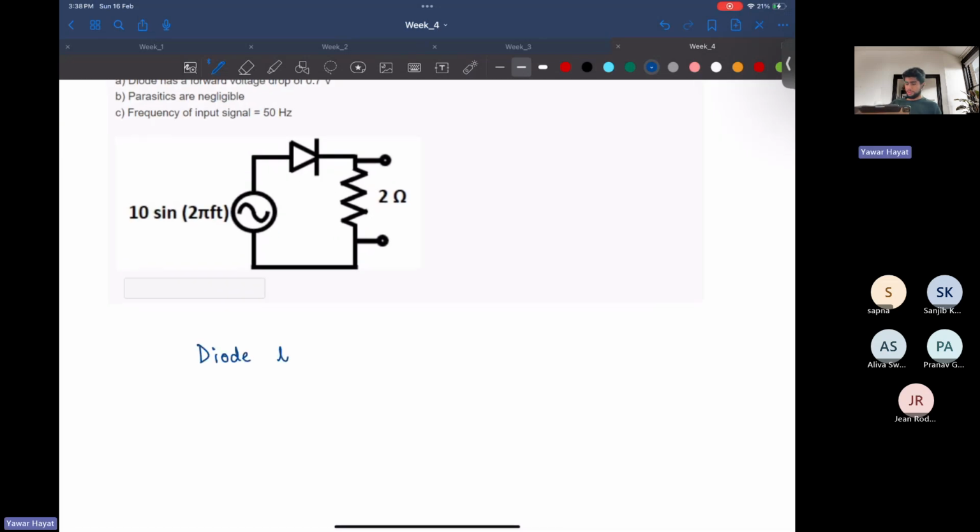Your diode turns on when voltage crosses 0.7 volts, right.